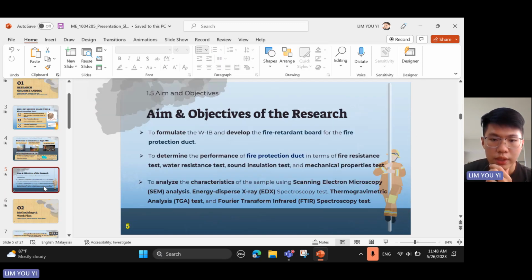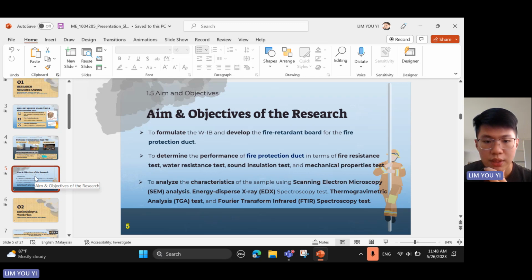In this research, the aim and objectives are to formulate the WIB and develop the fire retardant board for the fire protection duct. Then we will determine the performance of the fire protection duct in terms of fire resistivity, water resistivity, sound insulation, and mechanical properties.